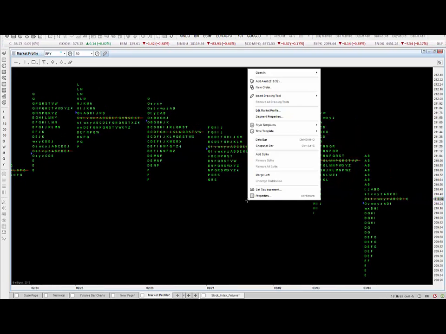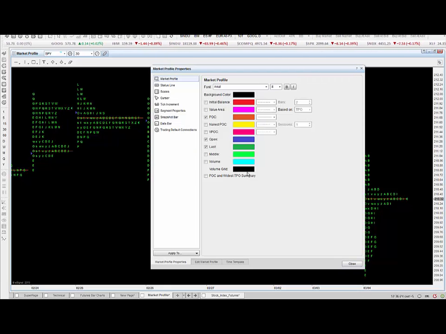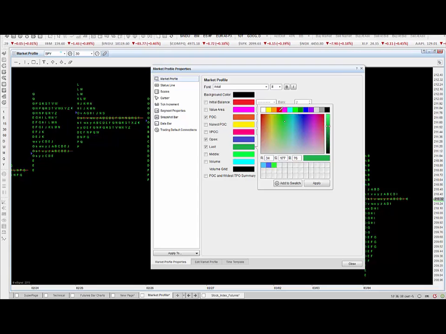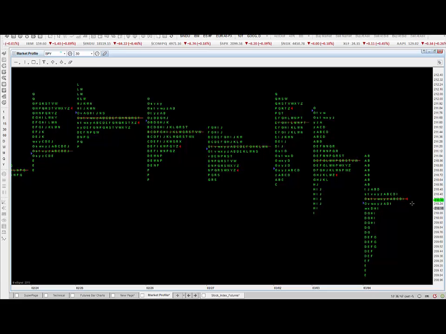As a matter of fact, I'm going to change the cursor so that it's clear. I'm going to make it red so we can see it. Now, this is where the market is trading as this is being recorded.